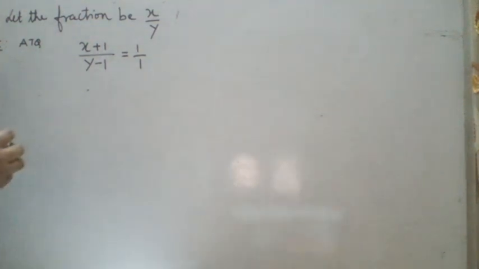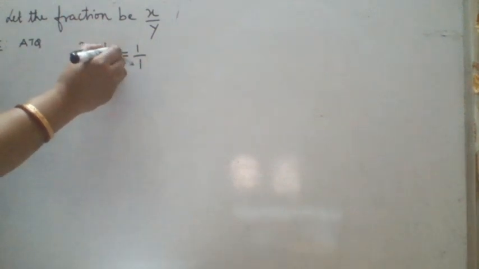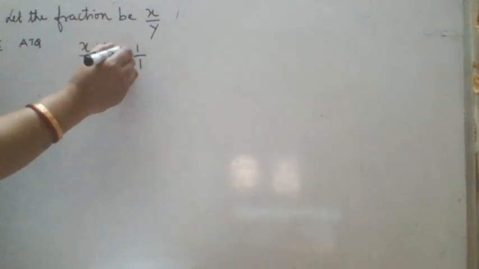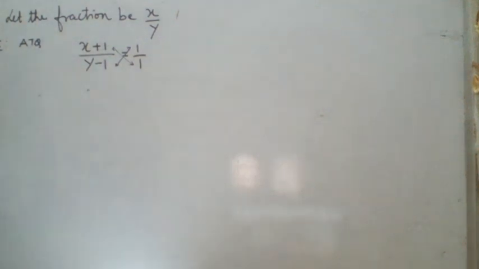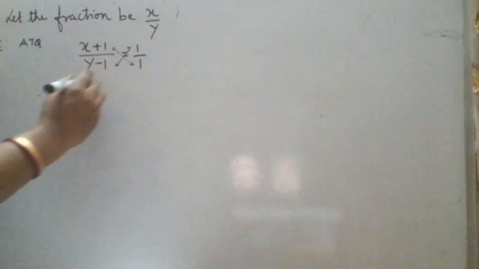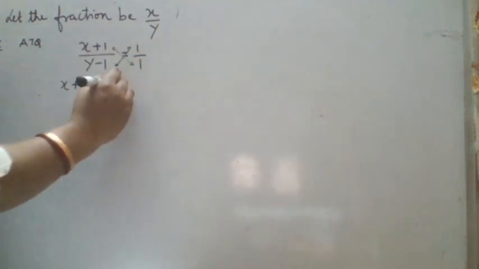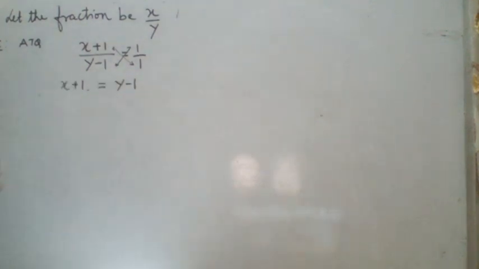So this is what you have got according to the question. Now, in order to get the linear equation, we will do cross multiplication. We get x plus 1 into 1, that gives you x plus 1, and y minus 1 into 1 gives you y minus 1.